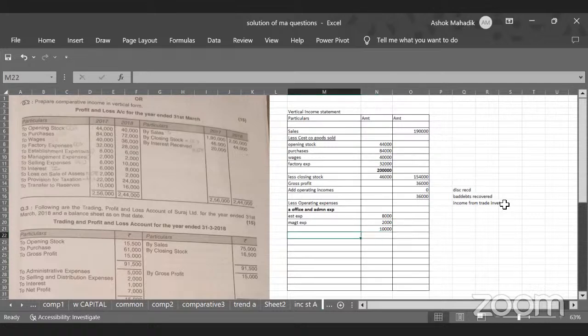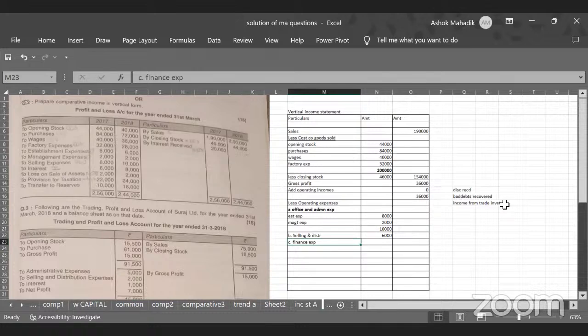Then B will be the next heading. B will be selling and distribution expenses. There is only one item, so I will directly write it, 6,000. Then C, finance. This will cover discount allowed, bad debts, and short-term investment interest, that is, interest on short-term loans.